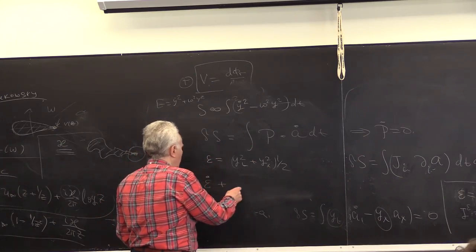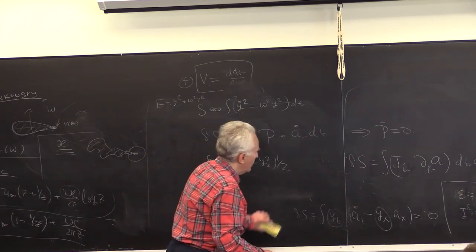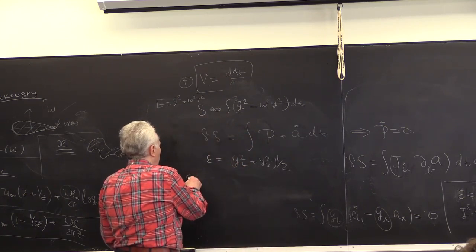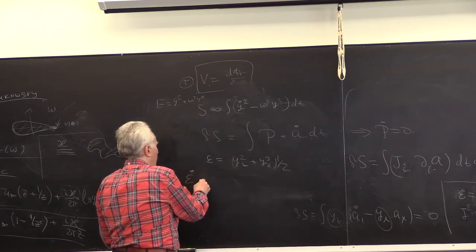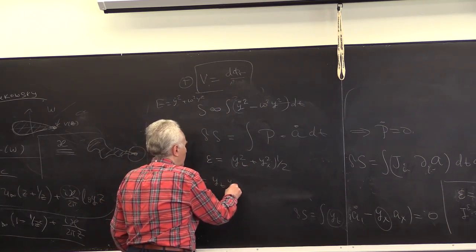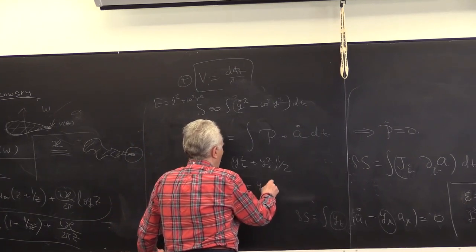So we are looking for, well, I think I will do this. It's pretty simple. Let's write down epsilon dot. We have ytt plus yx yxt.